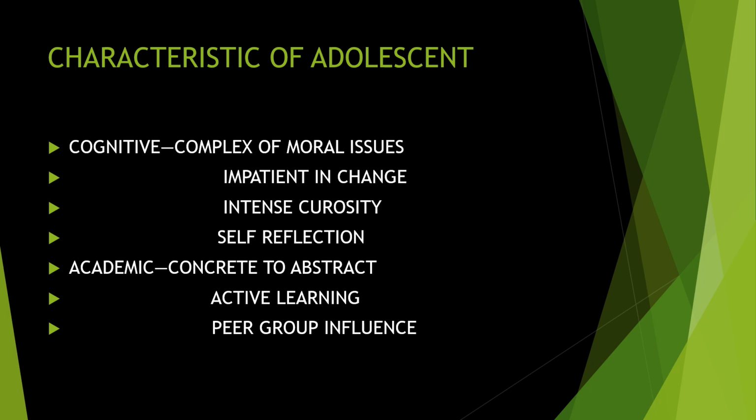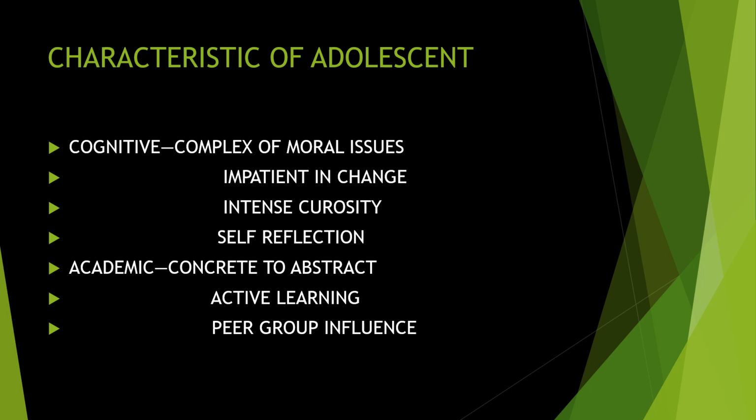Peer group influence, that we know is also part of adolescent students. As I already told you, the ages 11, 12, 13, 14, up to 19, and from 20 onwards we never say it is adolescent age. Up to the teenage years, they are always influenced by the peer group. What the friends do, they always want to do.